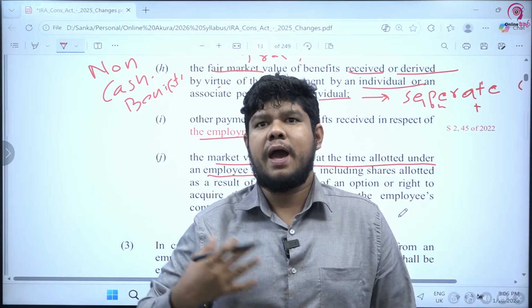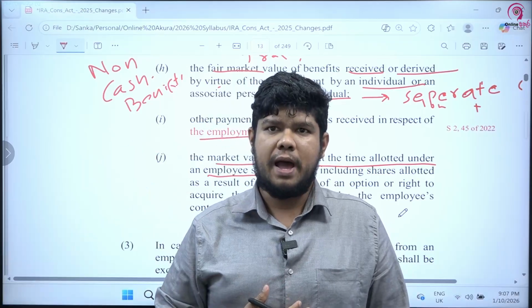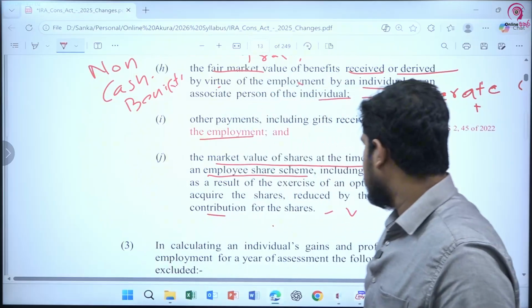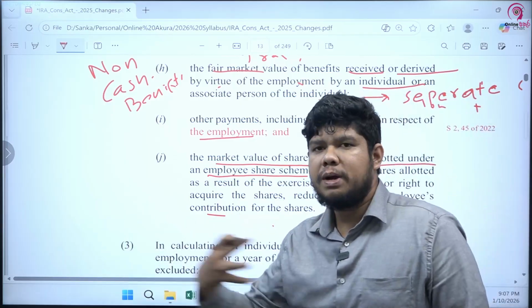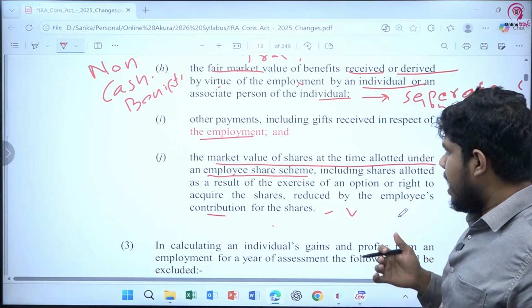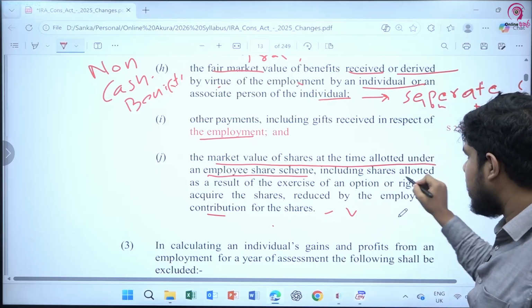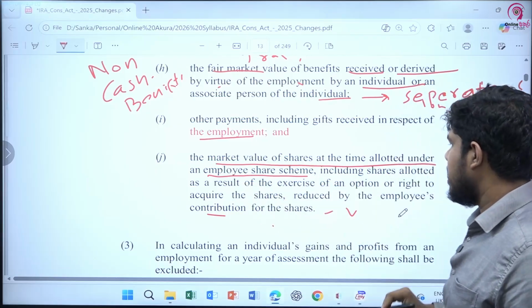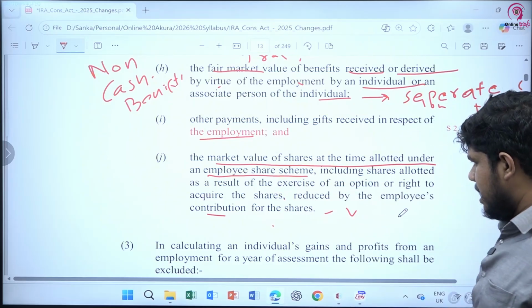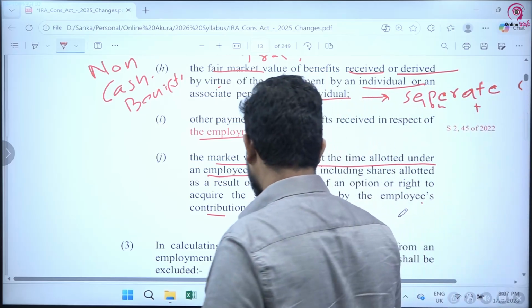So they have been granted their company shares as an incentive to perform well, then the company grows well. So that is an employment benefit. That receipt of that share is an employment benefit, and it should be included in your employment income, including shares allotted as a result of exercise of an option or right to acquire the shares, reduced by the employee's contribution for the share. So what does it mean?